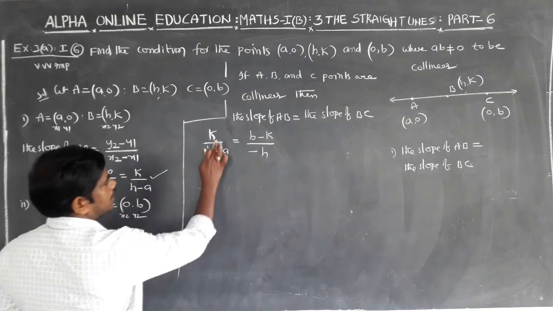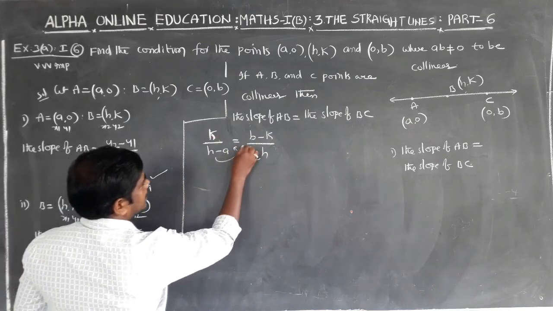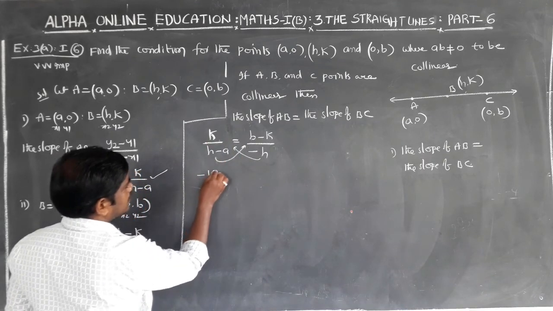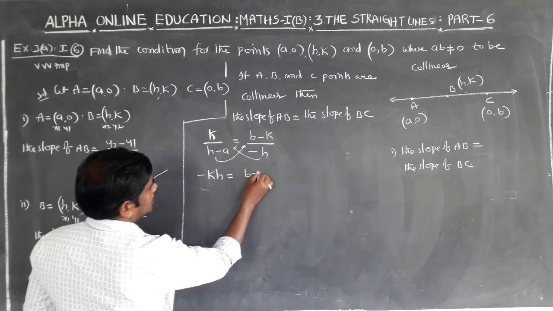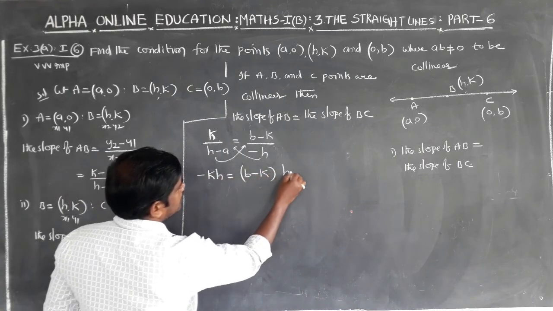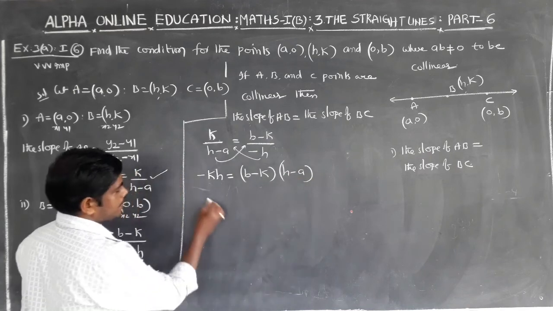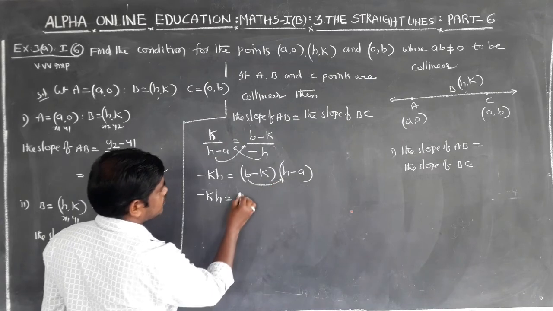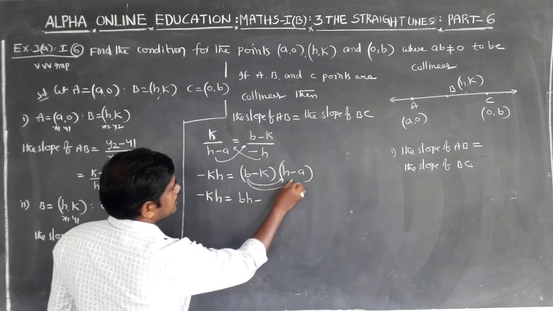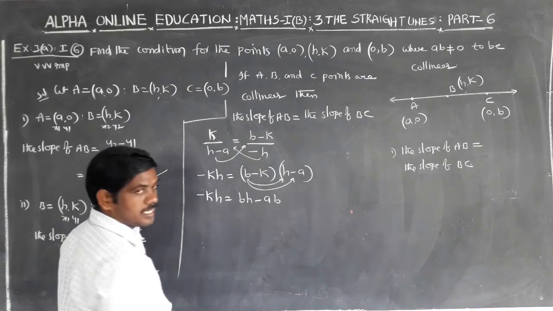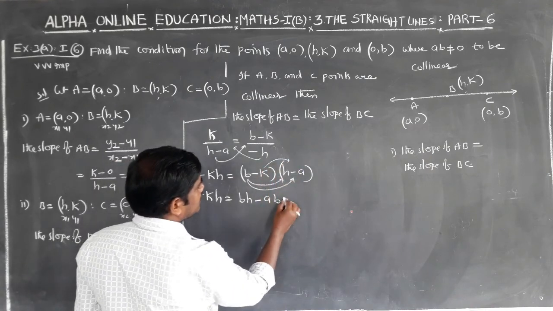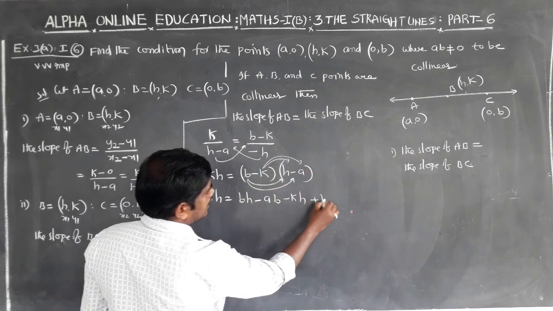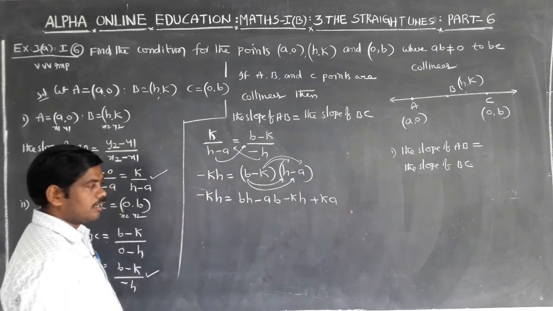Cross multiplying, k into minus h, minus kh, is equal to b minus k into h minus a. Minus kh is equal to bh minus ab minus kh plus ka.